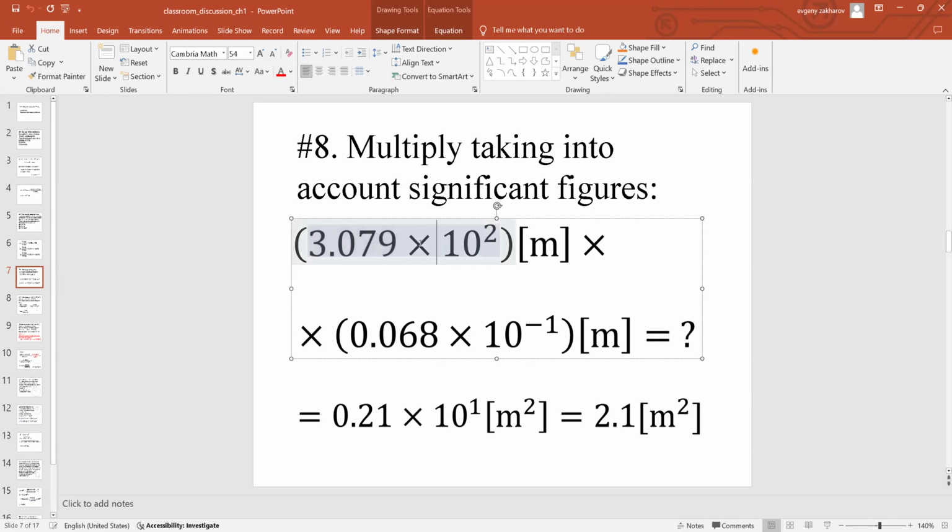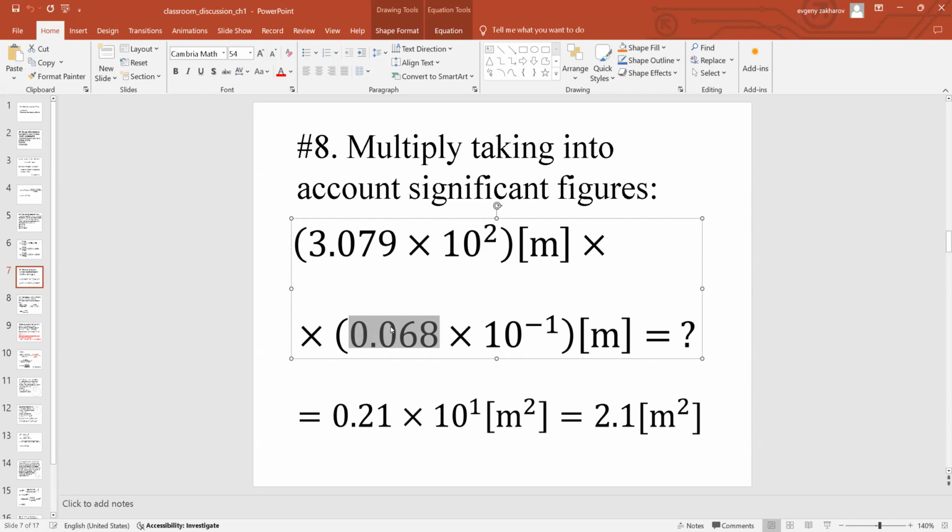Because we do multiplication, we have to go with the least amount of sig figs. How many sig figs here? 1, 2, 3, 4. 0 is in between, so it's significant. How many sig figs there? Remember, leading zeros are not significant. So this 0, not significant.